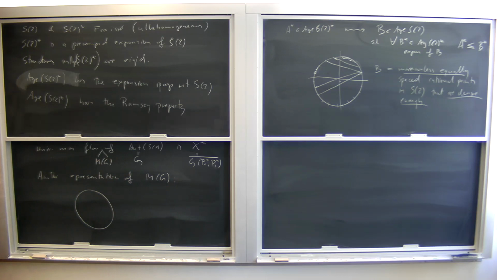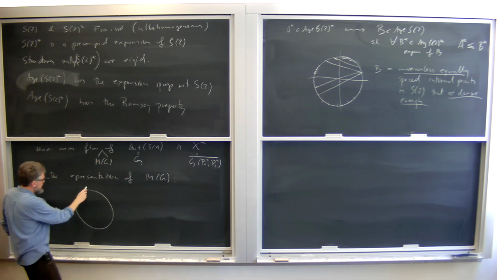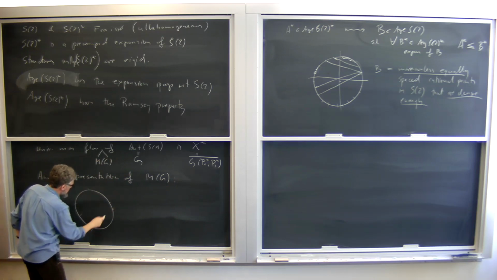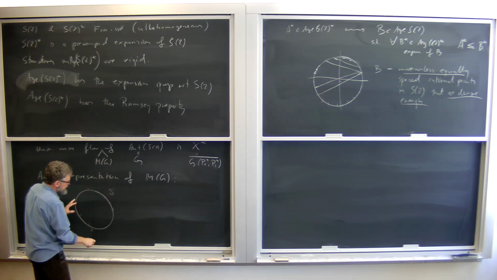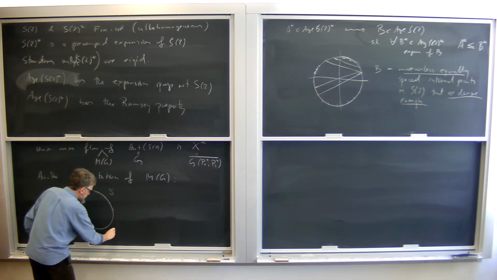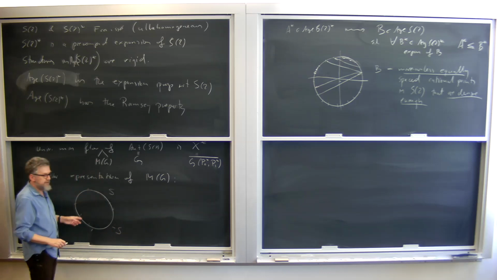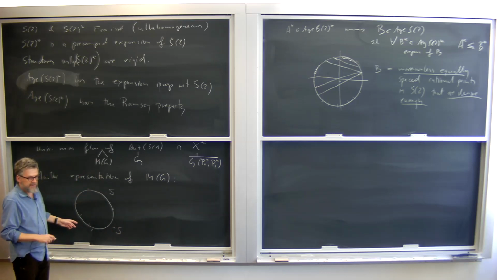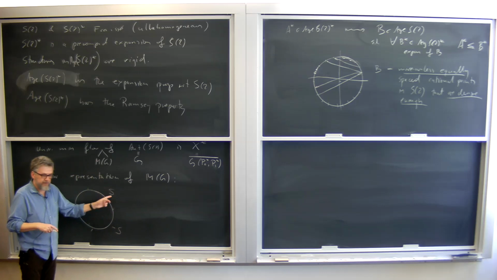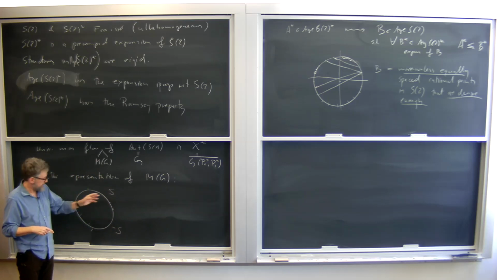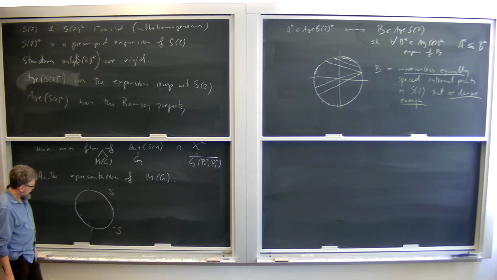So these rational points, let's call it S. You have the rational points S here. And then you also consider minus S, the negative of S. These are all the points that are antipodal to points in S. These two sets don't intersect, because of the rationality.